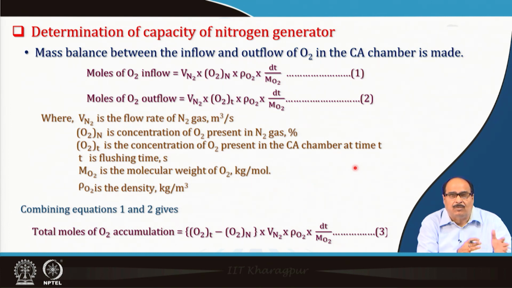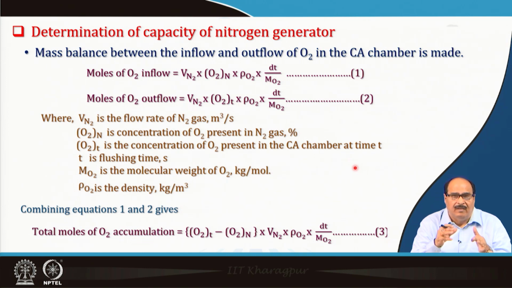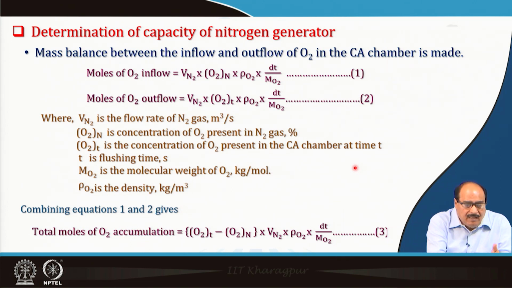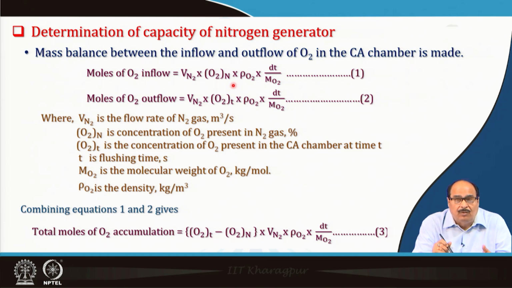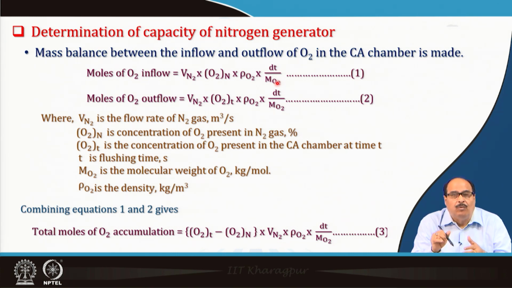So, first thing is that a mass balance between the inflow of oxygen and outflow of oxygen in the CA chamber is done. How it is done, you can see in these equations: moles of O2 inflow equals Vn2 into O2n multiplied by rho O2 into dt by MO2, where the moles of O2 outflow is Vn2 multiplied by O2t multiplied by rho O2 multiplied by dt by MO2.